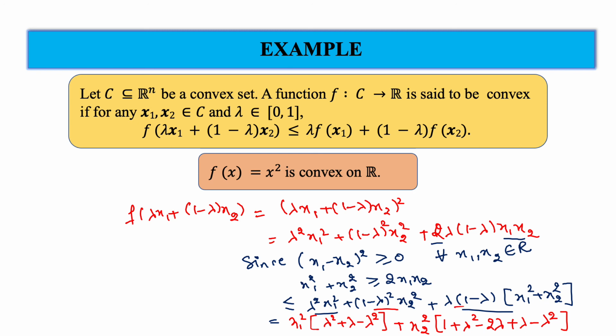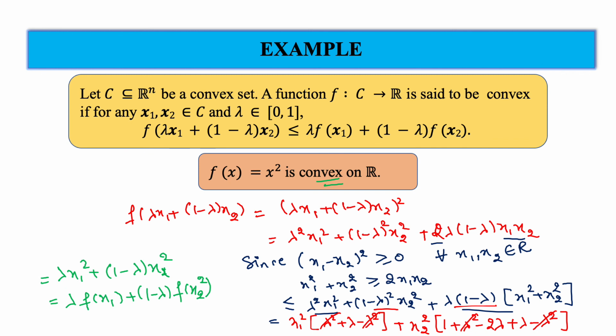These terms cancel, so we have lambda x1 square plus 1 minus lambda x2 square, which is lambda times the value of the function at x1 plus 1 minus lambda times the value of the function at x2. So this is the way we can show that the function is a convex function.